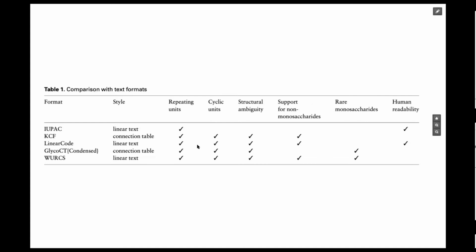And actually, I smiled when Serge said that the GlycoCT was human readable. It's not ticked in Kyoko's table, and I think it's not very human readable, unless you know what you're talking about.